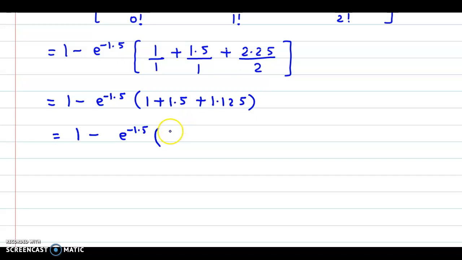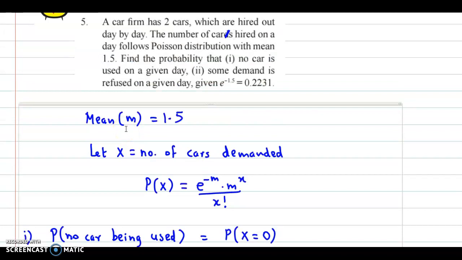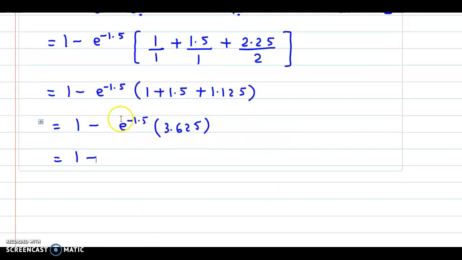So that's 3.625. This total is 3.625. And we have the value for e raised to minus 1.5. The value given here is 0.2231.